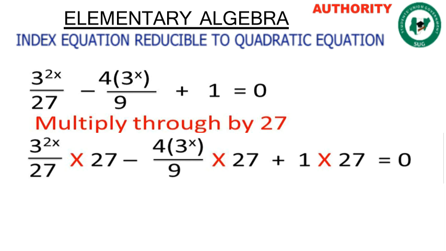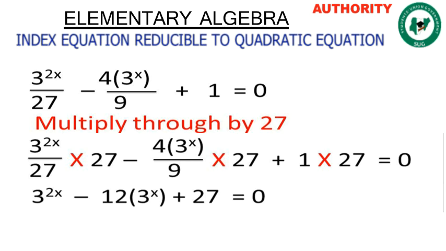Alright, now let's go. In the first term, 27 we cancel 27, okay? So we'll be left with 3 raised to power 2x minus, when you perform the operation on the 4 in bracket 3 raised to power x all over 9 times 27, you discover that 27 divided by 9 will give you 3.